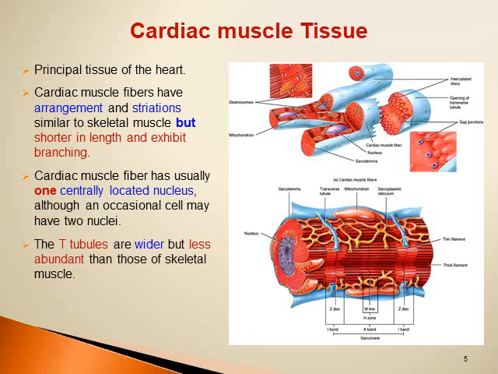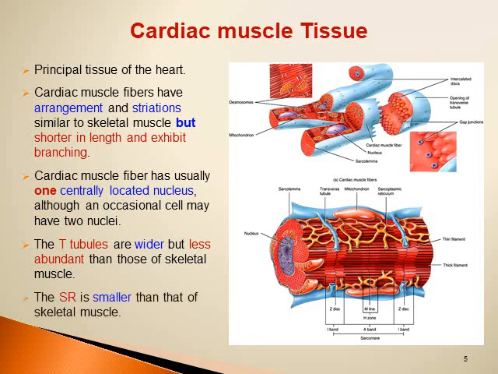And the T-tubules in the cardiomyocytes are wider compared to the skeletal muscles, and they are less abundant than in the skeletal muscle fibers, and you will see how these T-tubules and their shape in the lecture of skeletal muscle fiber in the later part of this course.